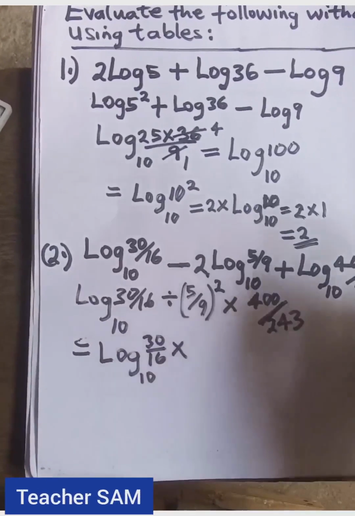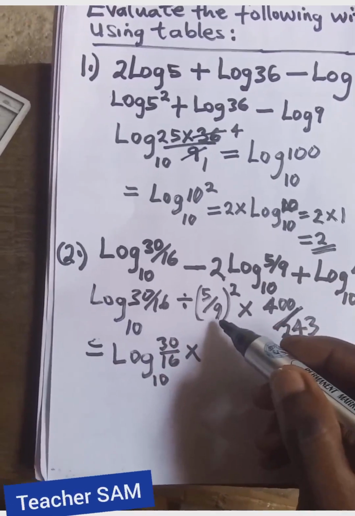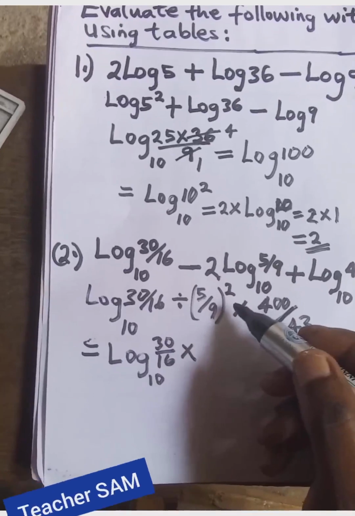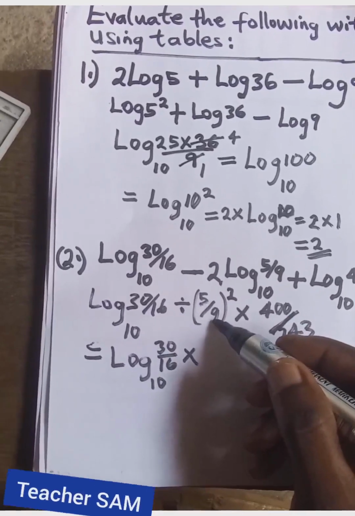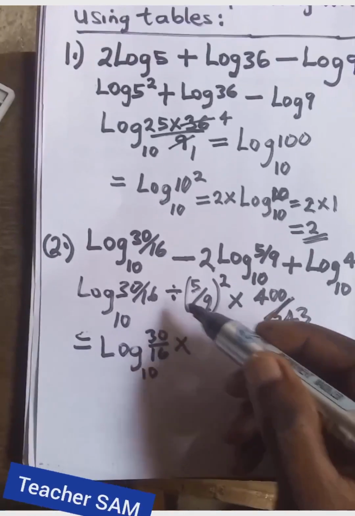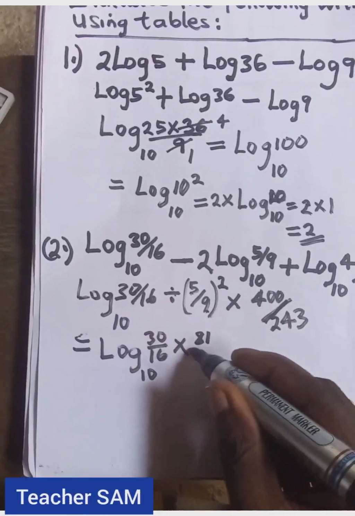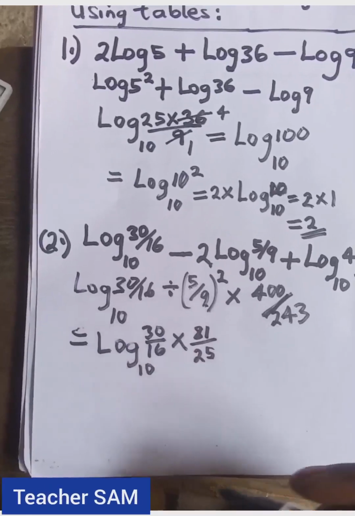So we'll be having 25 over 81 here. Now, since this is division, if we change the division sign to a multiplication sign, this will now become 81 divided by 25.